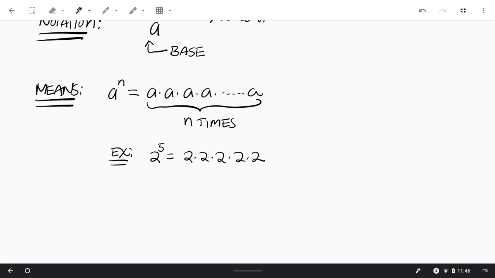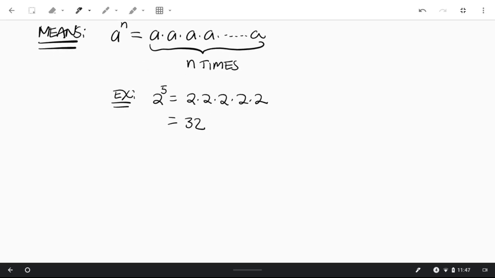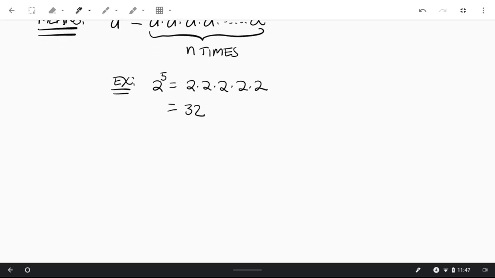Because here we already see 2 times 2 is 4, and then times 2 is 8, times 2 is 16, times 2 equals 32. We got that because, again, 2 times 2 is 4, and then times 2 is 8, times 2 is 16, times 2 is 32.